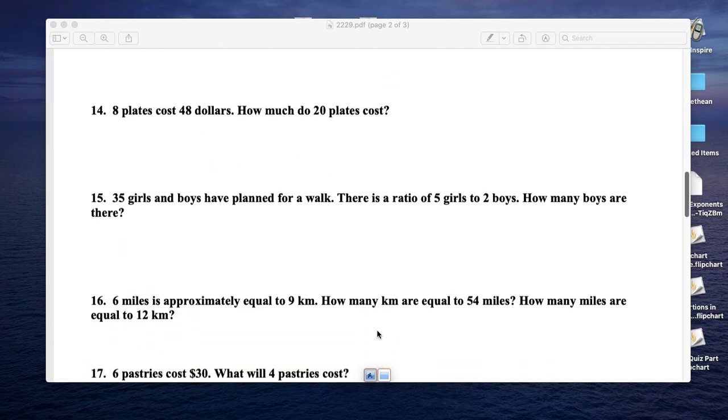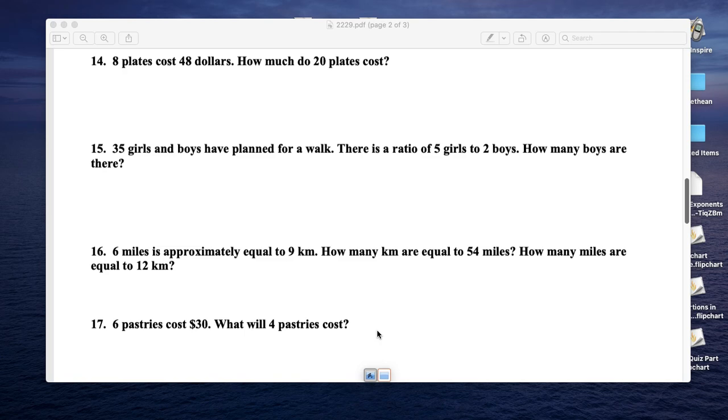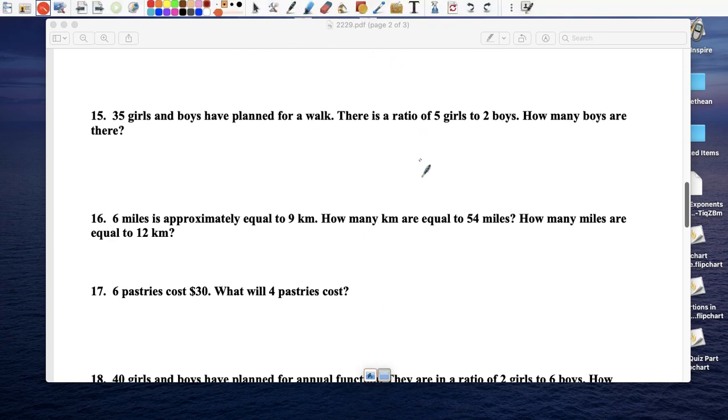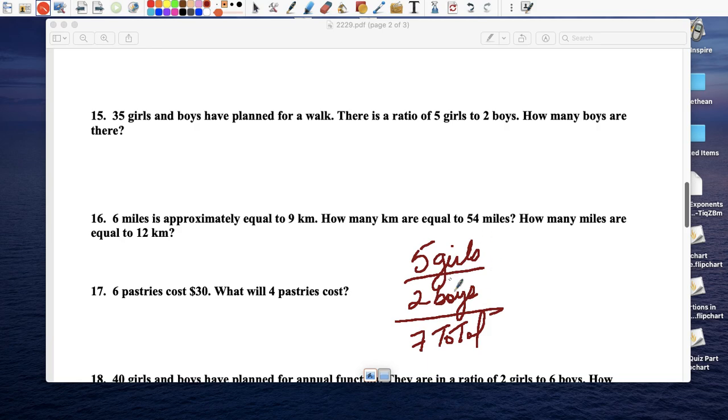15. Do we have a lot more? No, not that much. 15. 35 girls and boys go for a walk. The ratio is 5 to 2. So 5 girls, 2 boys. This one we need a total. Sometimes you don't need it. This one, there's 7 in total right now.